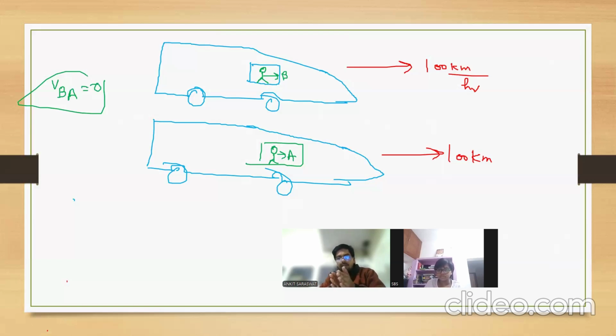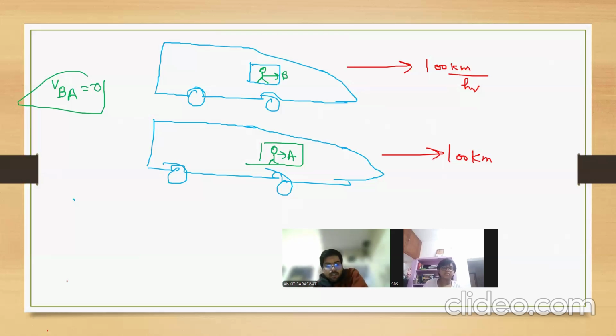Their frame of reference is what? It comes equal. Clear? Understood? So if velocity of two observers is the same in magnitude and direction, then their frame of reference is also equal. We can consider it equal.